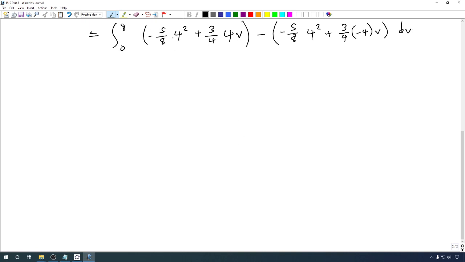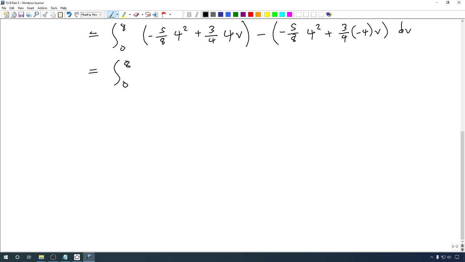Now, it turns out the negative 5/8 times 4 squared subtracted with a negative 5/8 times 4 squared actually cancel each other out. They're gone. The fact that the square got rid of our negative meant that none of that survives. So that's actually kind of nice.